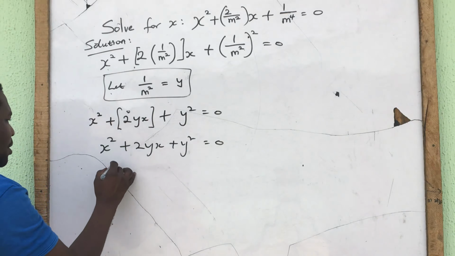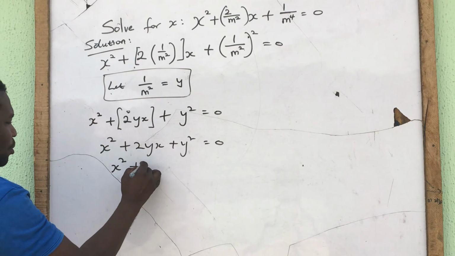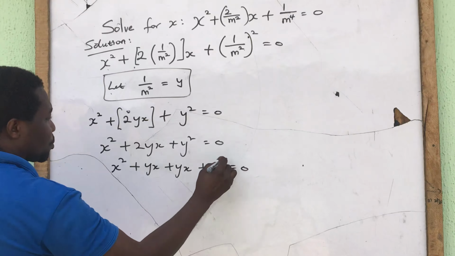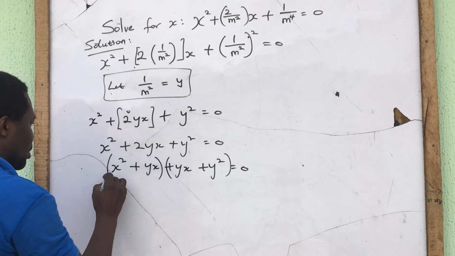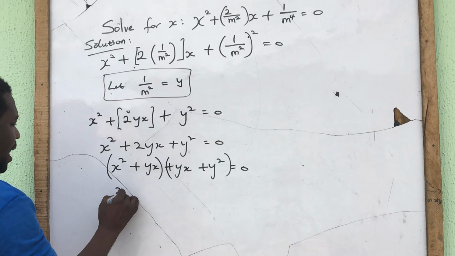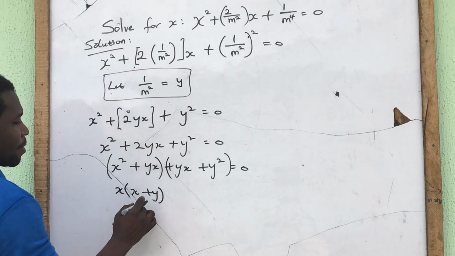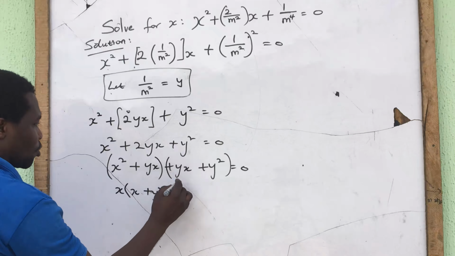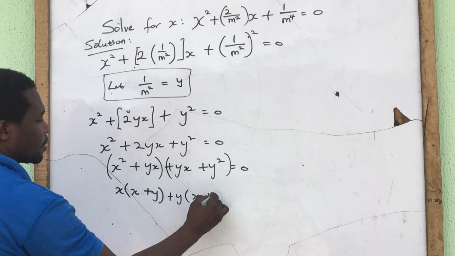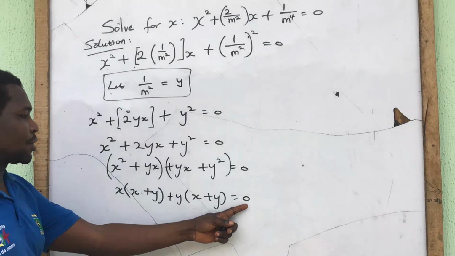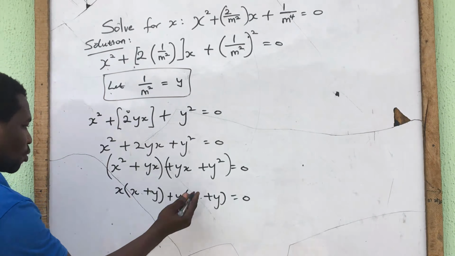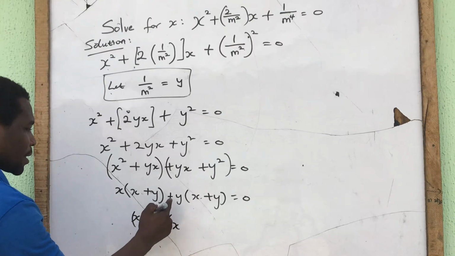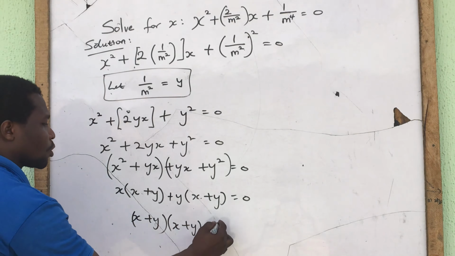So x squared plus yx plus yx plus y squared equals 0. Let's try to group them together. From here I have x into x plus y, plus y into x plus y equals 0. So x plus y is common. So x plus y into x plus y equals 0.